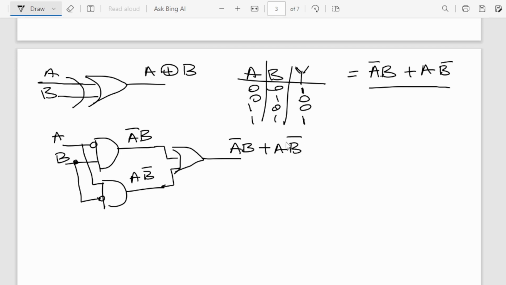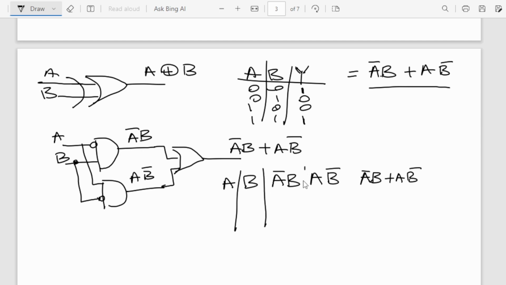Let's do the truth table to ensure that we have the correct answer right here, right? So we can do a truth table with A, B, and then we can do one for A bar B, and we can do another column for AB bar, and then we can do a column for the last one where they are added together, A bar B plus AB bar, just to show that the truth table is going to be equal.